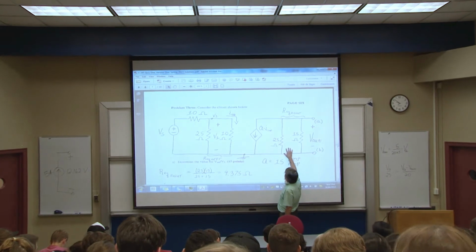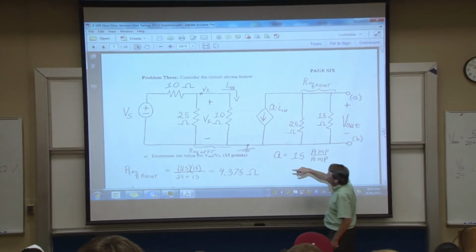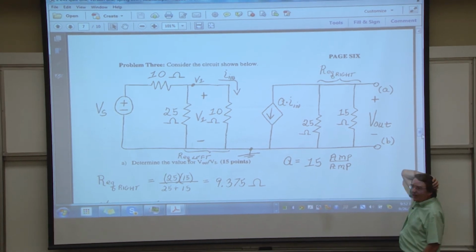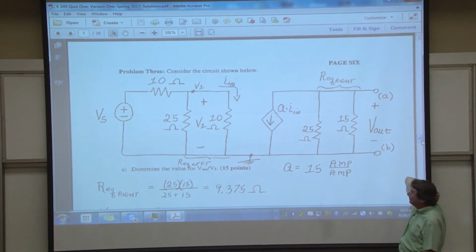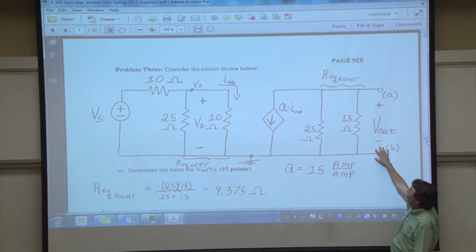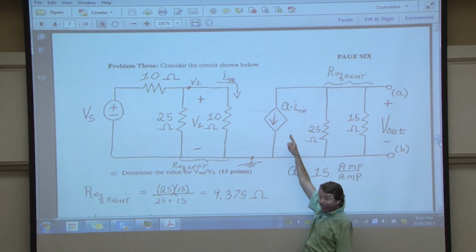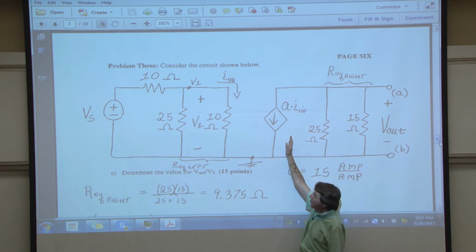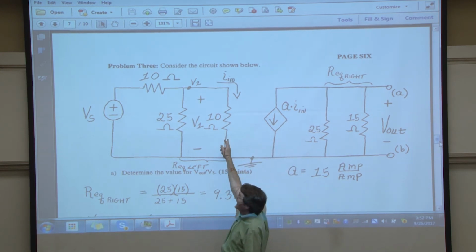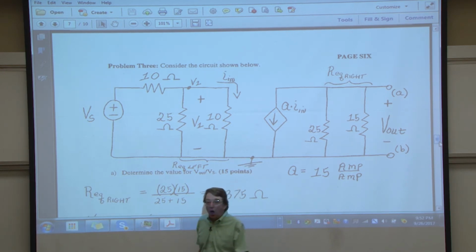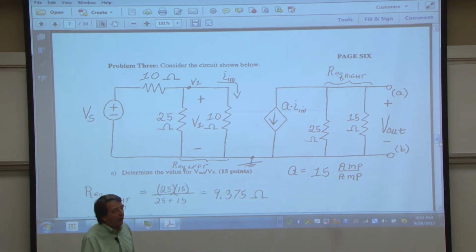So let's start on the right side. By the way, I'm looking for V out over VS. Just like in the problem of the week number 1, I'm tempted to start over here. I'll get V out in terms of I in, and then I jump over here and I'll get I in terms of VS, and I think it should work out.